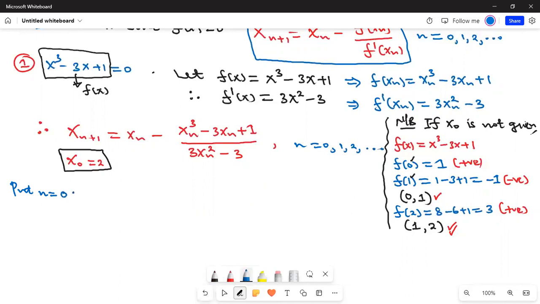If n is 0, we are going to get x1 is equals to x0 minus x0 cubed minus 3x0 plus 1 over 3x0 squared minus 3. And remember, you know the value of x0. So press this in your calculator. That should give you 1.6667.